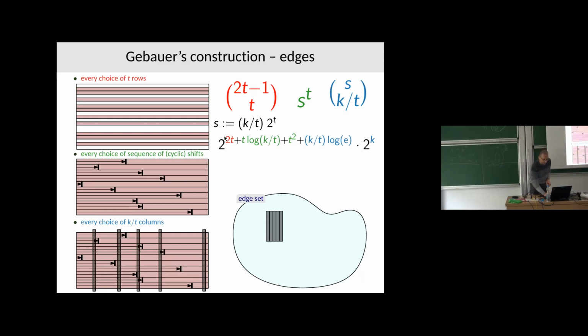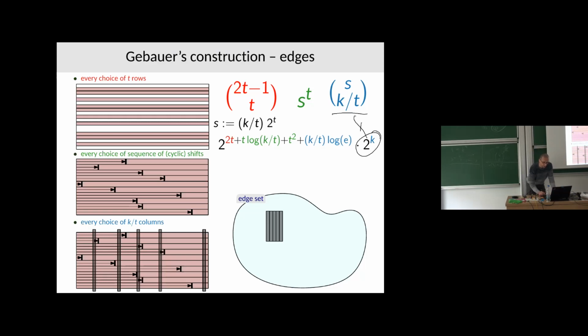But you get something like this, and colors show where these factors come from. This factor, that we expect 2 to the k, goes from the choices of columns.